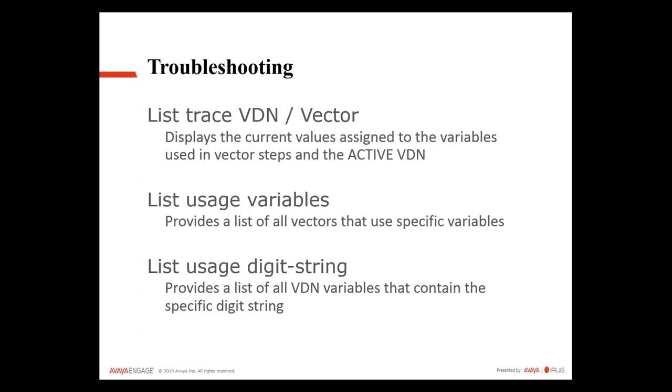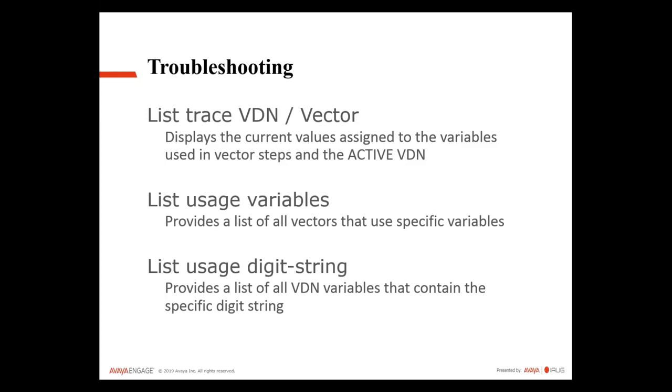List usage variables will tell you all the vectors that the variables are set in. So it can help you especially if you're going to change something. It's good to know where they are, how many vectors they're in, or where they're at in each one of the vectors.